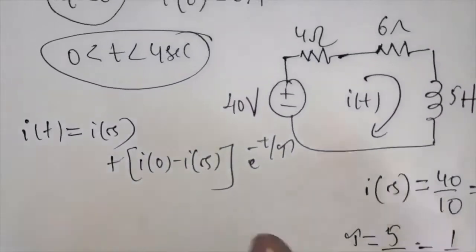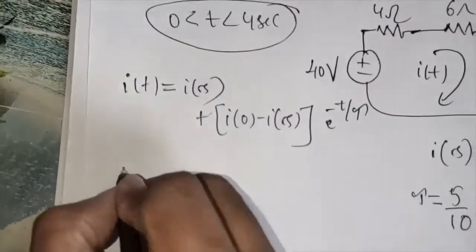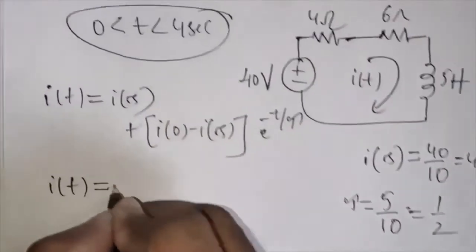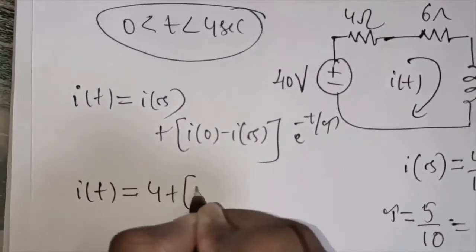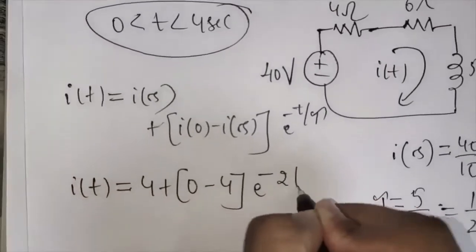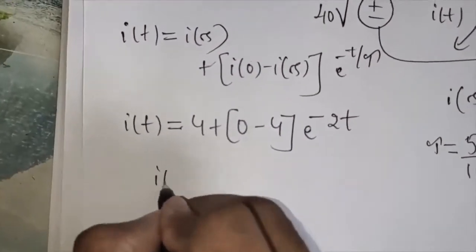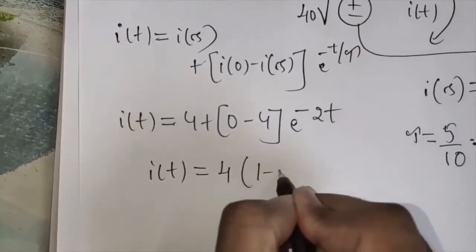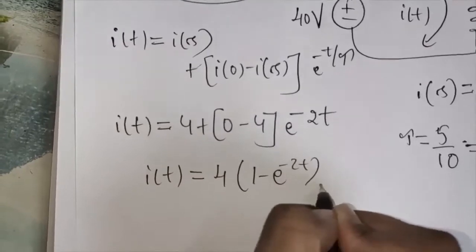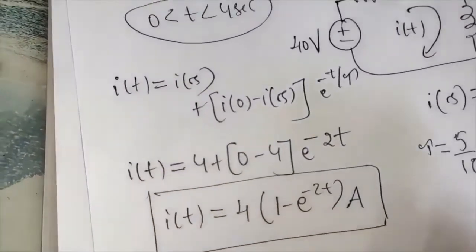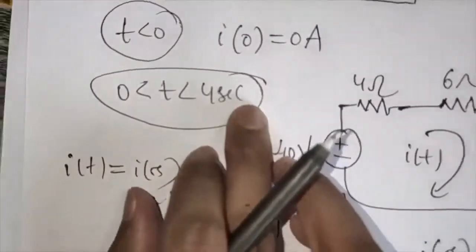So let us substitute all these values in the general expression. So I of t is equal to I of infinity, 4, plus I of 0, which is 0, e power minus 2t. So I of t is equal to 4 into 1 minus e power minus 2t amps. So this is the expression for current in the time interval 0 and 4 seconds.